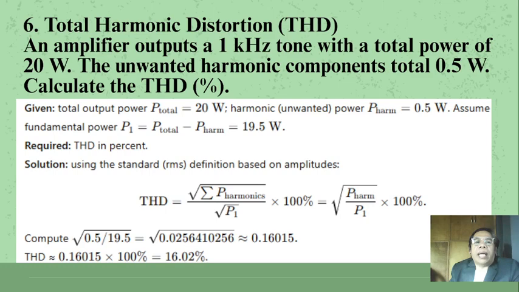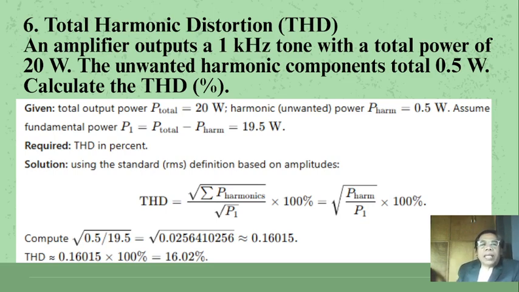And we are asked to obtain the total harmonic distortion in percent. So using the formula, THD is equal to the square root of the summation of the power of the harmonic components divided by the fundamental power P1, times 100%.